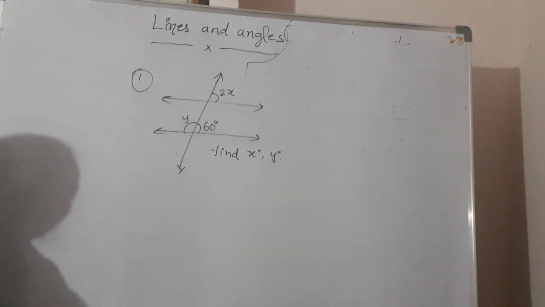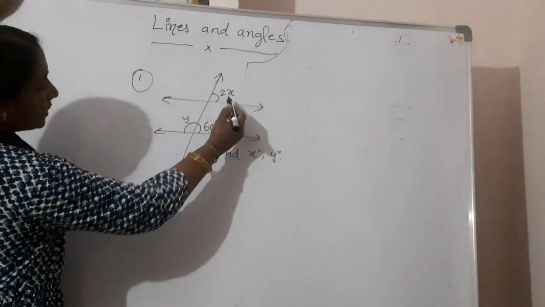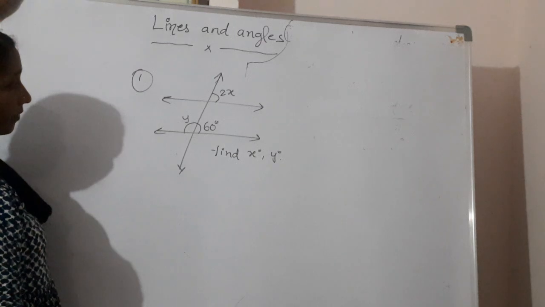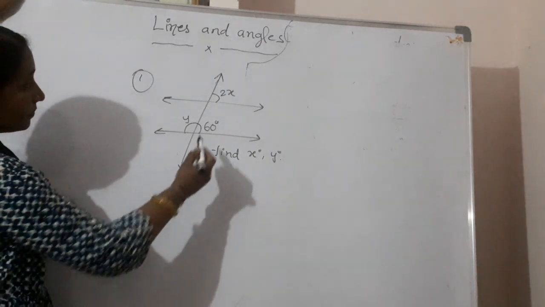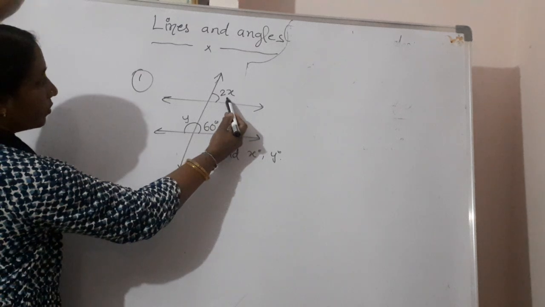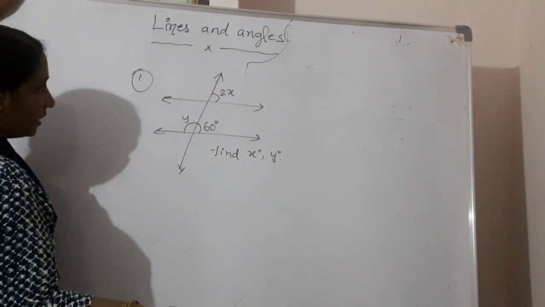Here, first of all you have to observe 2x and 60. What type of angles are these? See here, on the same side of the transversal, one outside and one inside, the angles will be equal. Corresponding angles. Yes.